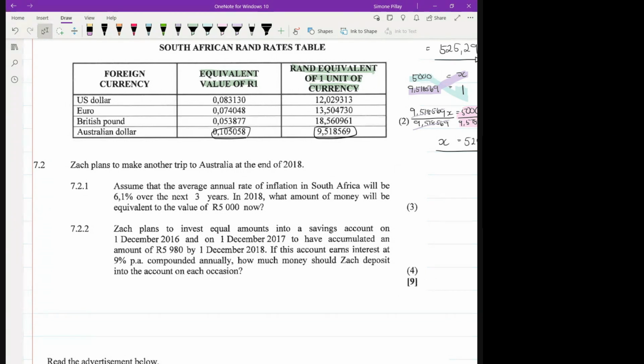So immediately, somebody tell me, what was my compound interest formula? Anybody? What's the difference between compound and single?